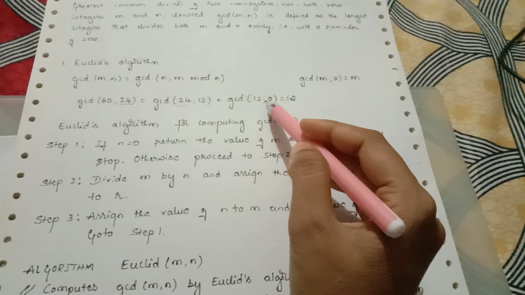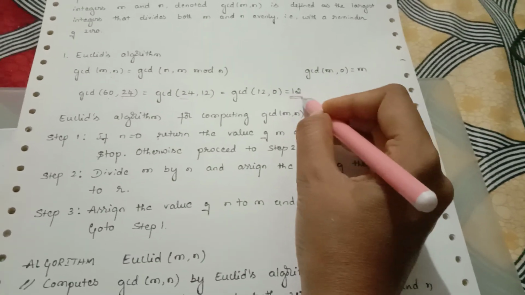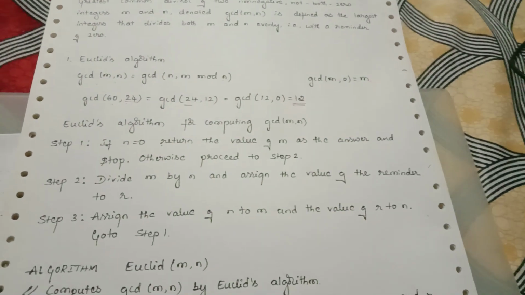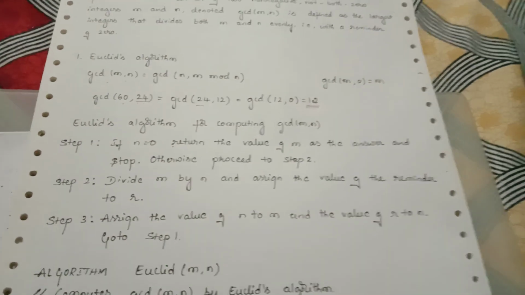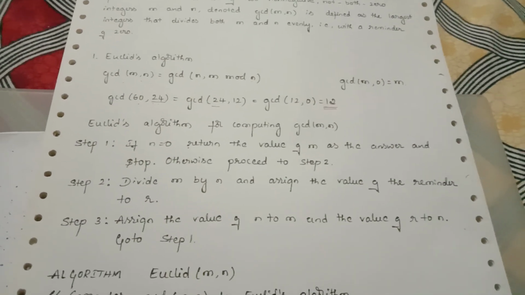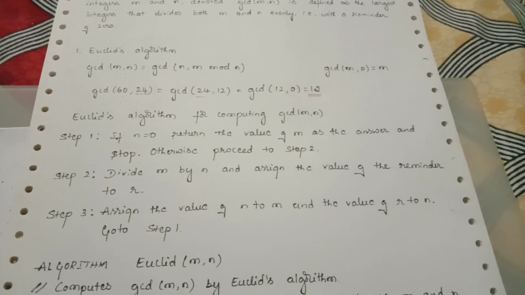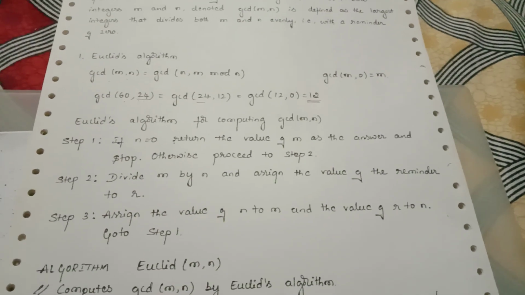So GCD of 12 comma 0 is equal to 12, and 12 is the answer: the GCD of the two given numbers, 60 and 24. Coming to the algorithm part, let us see how this formula is represented as an algorithm to solve the problem of finding the GCD of two numbers.